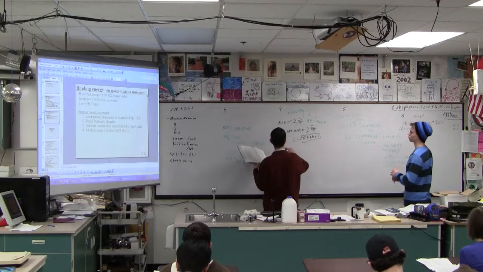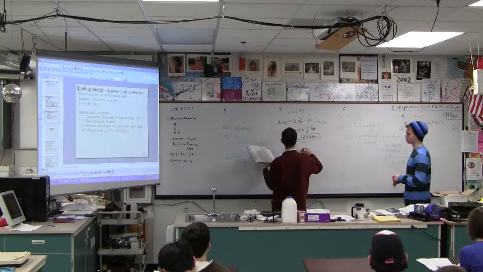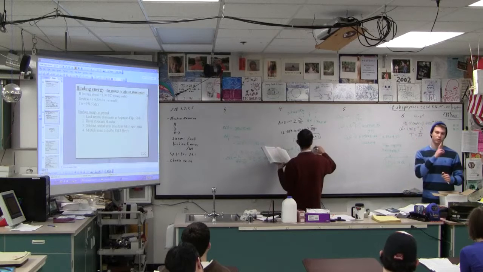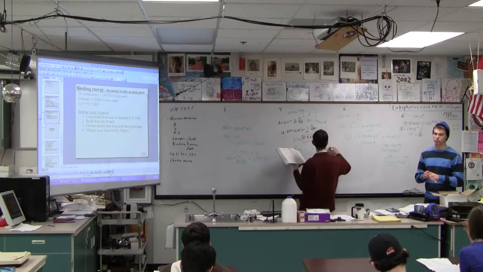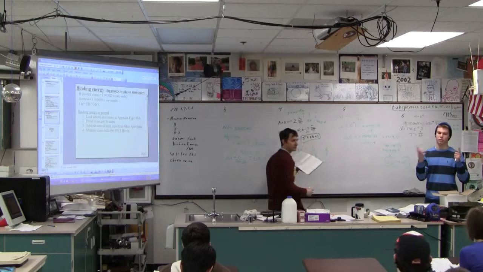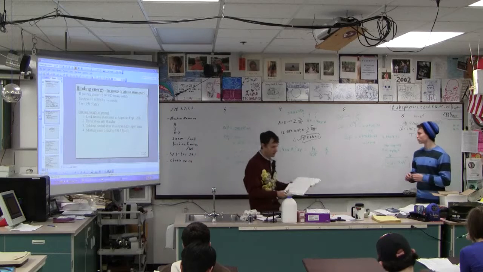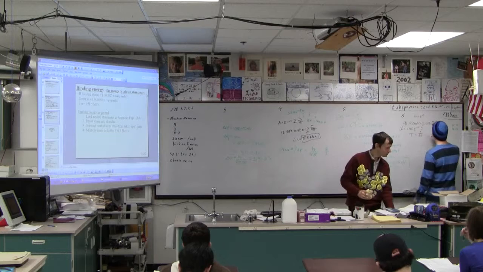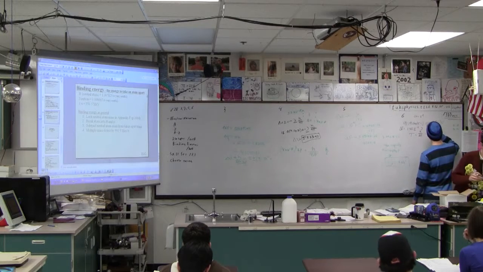And then you go 4 times 10 to the minus 8 times the uncertainty of momentum, because this is x, this is momentum. And then this is h over 4 pi, which is just h bar over 2, because h bar is h over 2 pi.